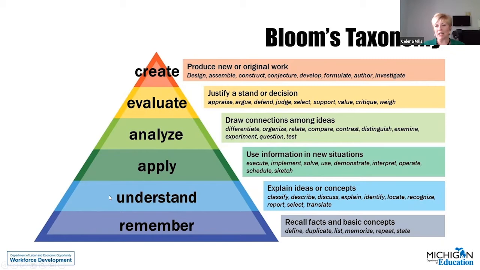So our content standards, what people need to know and understand, are really down here at lower level Bloom's. So when you see a content standard, it usually says know, understand, recall, identify. This is our foundational knowledge.